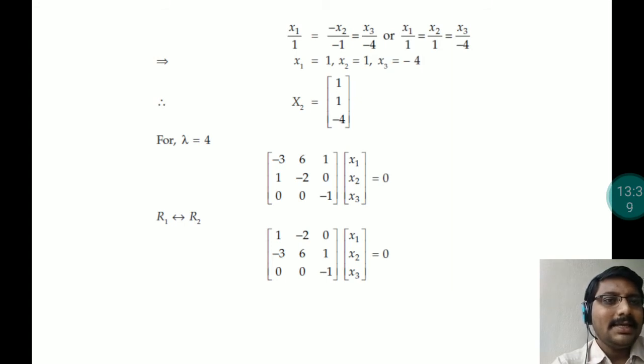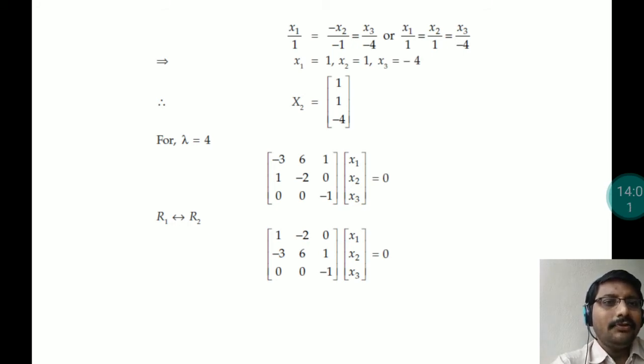Or this can be obtained by equating to a constant k: x1 equal to k, x2 equal to k, x3 equal to minus 4k. In general we can take the k value as 1, so that we get the second eigenvector, that is x2. x2 is the matrix of 1, 1, minus 4.